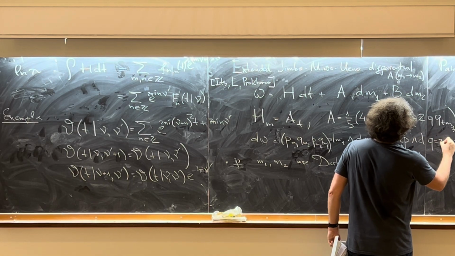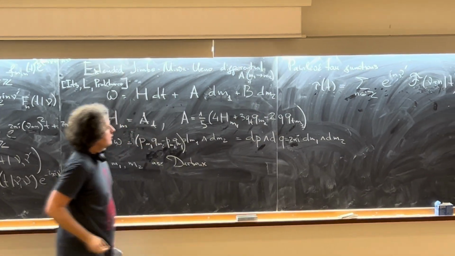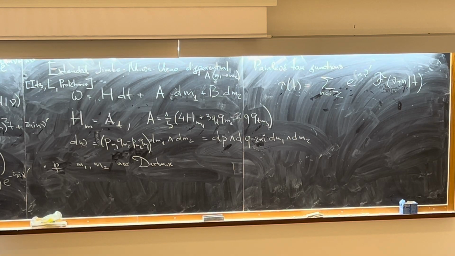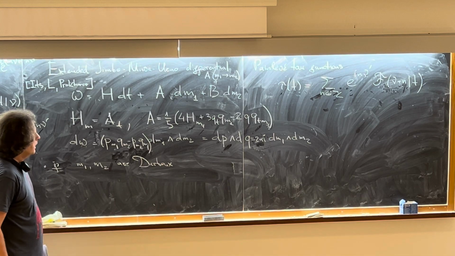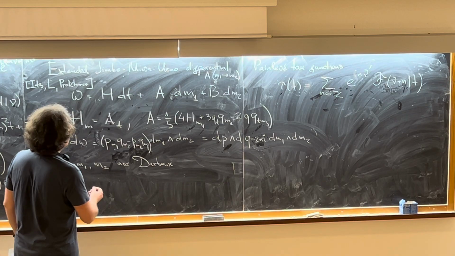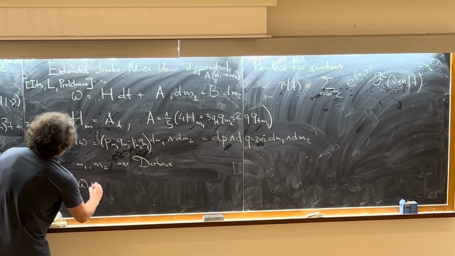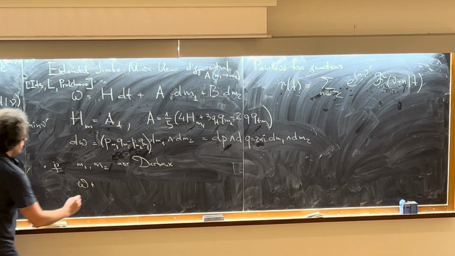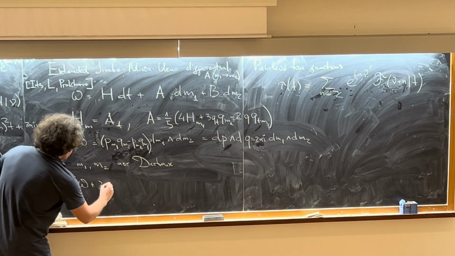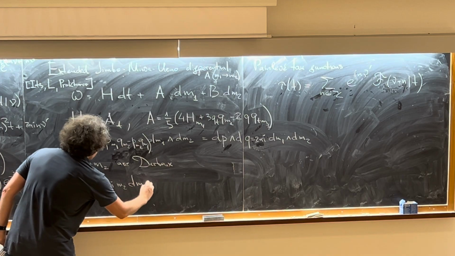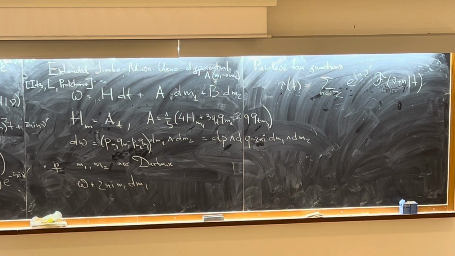Maybe I will introduce here some factor to make things nicer. So then you see that it suffices to add to my initial omega the differential of something like 2 pi i m2 dm1, and this will become a closed one-form.